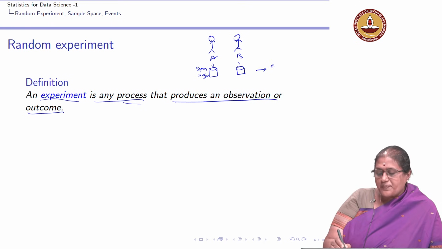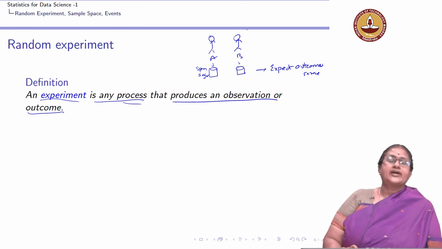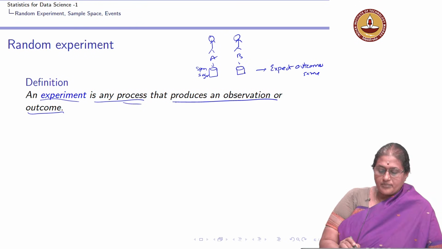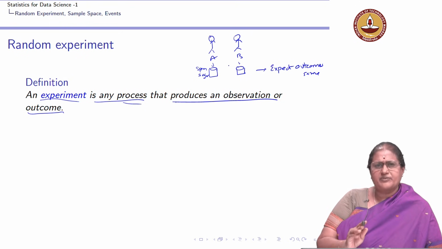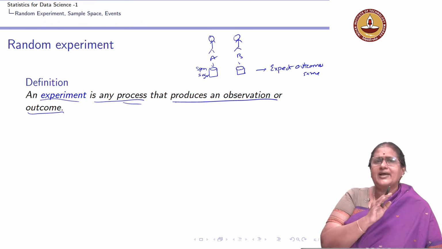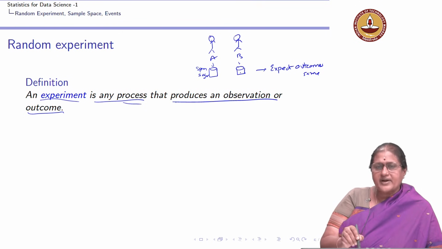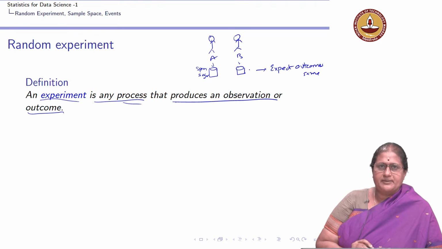We would expect both the outcomes to be the same, because we have exactly the controlled experiment. Both of them are given the same type of glass, the sugar is also the same, everything is absolutely identical, they are just mixing it. I would expect both the outcomes to be the same.